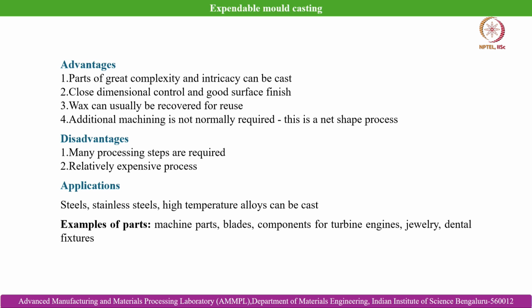Because it takes a lot of steps and time, it is an expensive process, but the cost is justified when we talk about developing aerospace engine components like turbine blades, where precision and integrity are in demand, even more important than the cost itself.